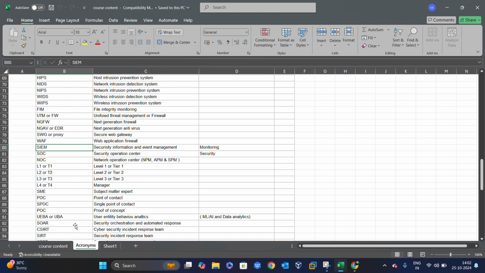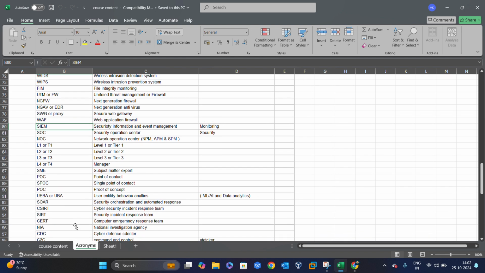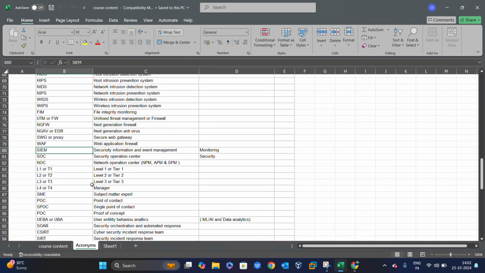So the next one, SOC, Security Operation Center. Here, operations and investigations we will take care of. For example, take ISRO launching one of its rockets, maybe Chandrayaan 2 or 3 or 4.